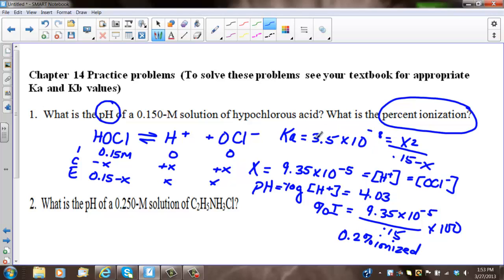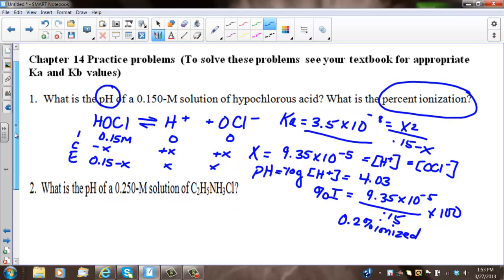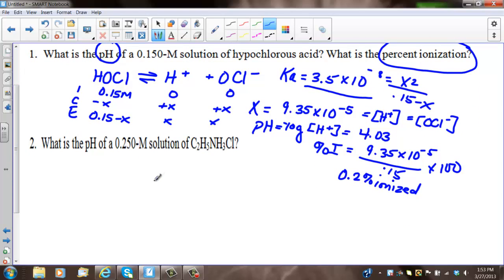You can tell that by looking at the very small Ka value, so I wouldn't expect that a lot would ionize. Let's move on to problem 2.